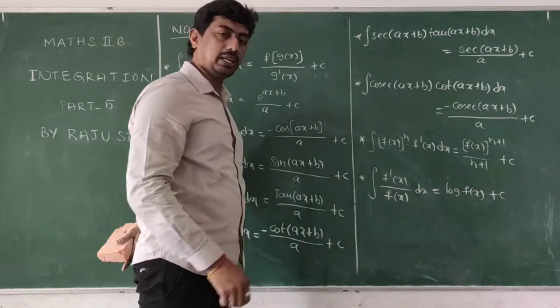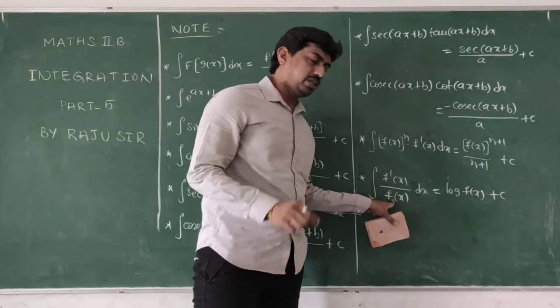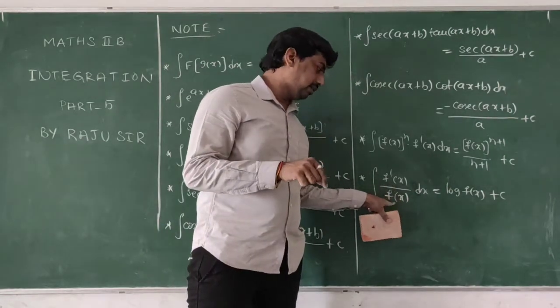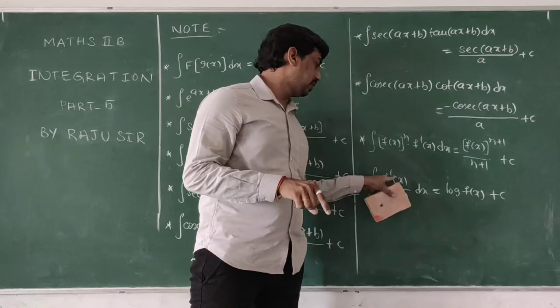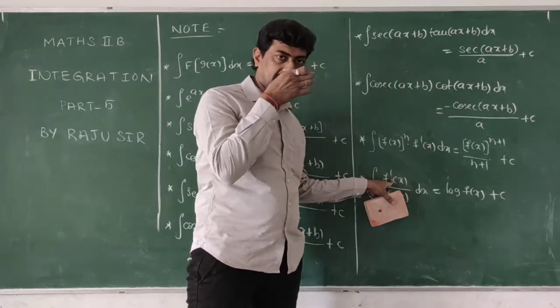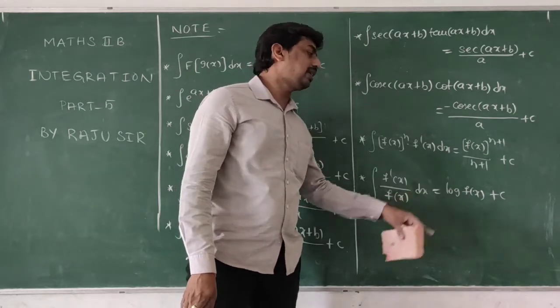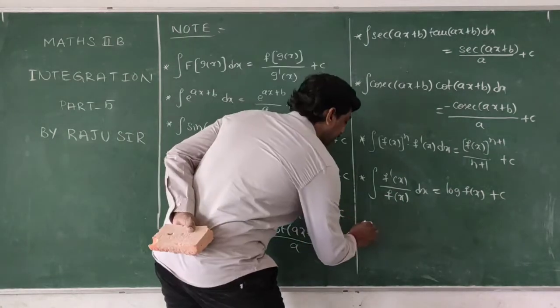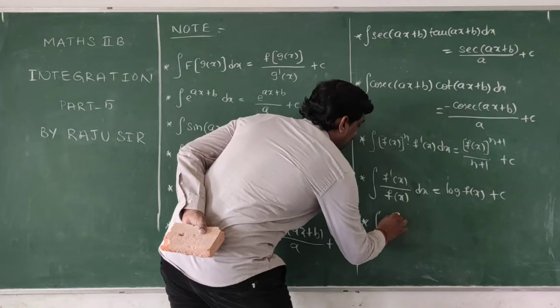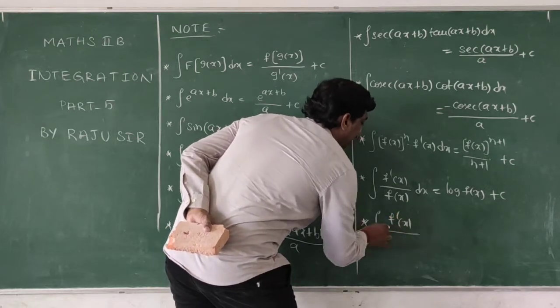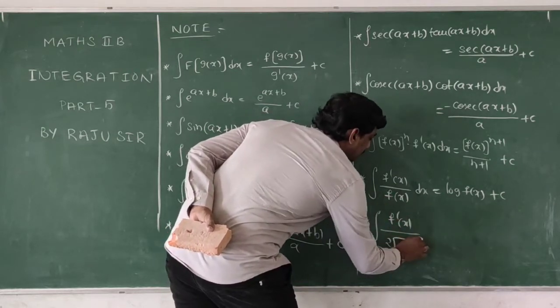This formula is applicable when a function lies in the denominator and that function's derivative is in the numerator. The formula is integration of f dash x by f of x dx is log f of x plus c.